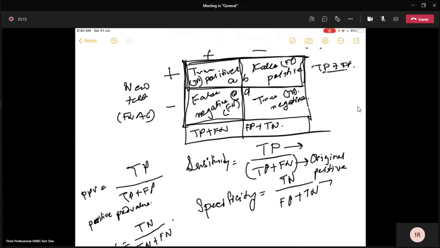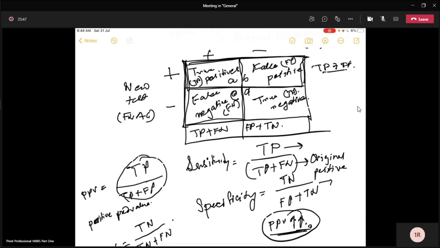Then you do not have to do an RT-PCR, that is, the positive predictive value is very high. If it is positive, you can be more or less sure that it is a true positive, because PPV is true positive by true positive plus false positive. But if it is negative, then we have to do an RT-PCR.